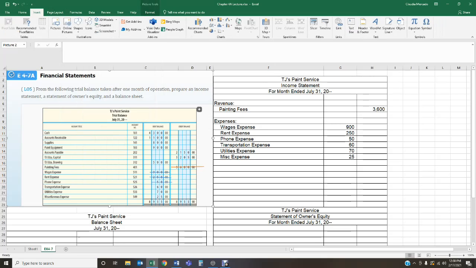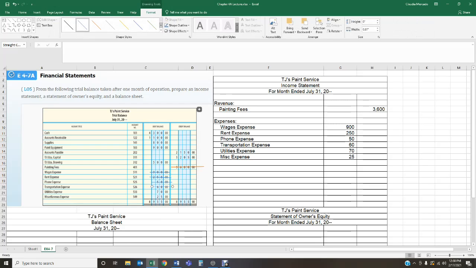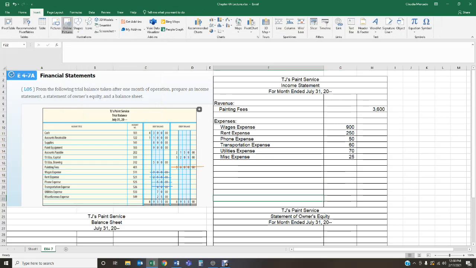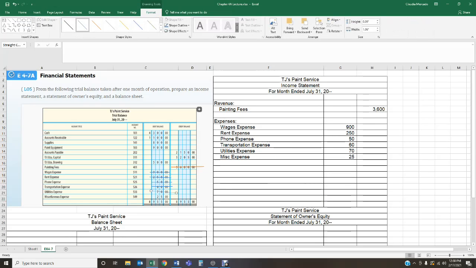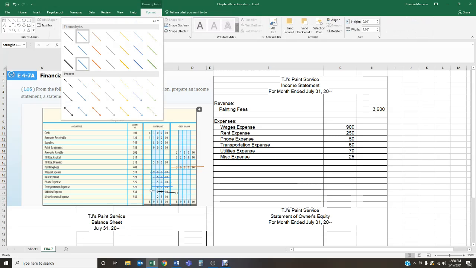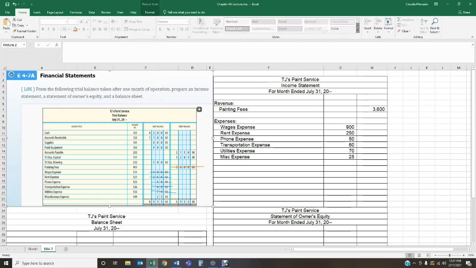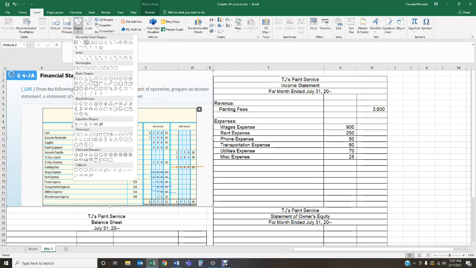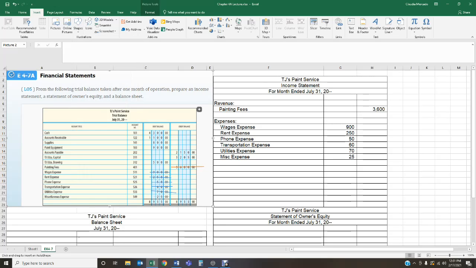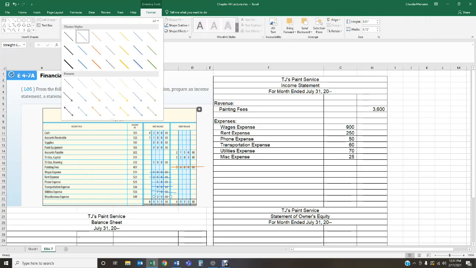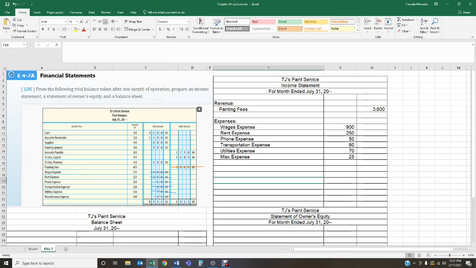If you have them, you highlight them. Do whatever you need to do just to ensure that you use all of the information provided, and make sure that when you're transferring the information to your financial statements, you are posting the correct dollar amount, the correct account, stuff of that nature. Okay, so those are all of my expense accounts that have been used. I've already used up my expense accounts and my revenue accounts.